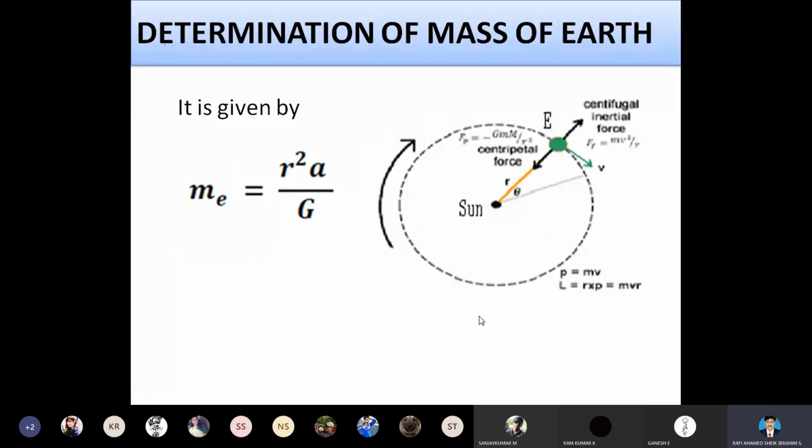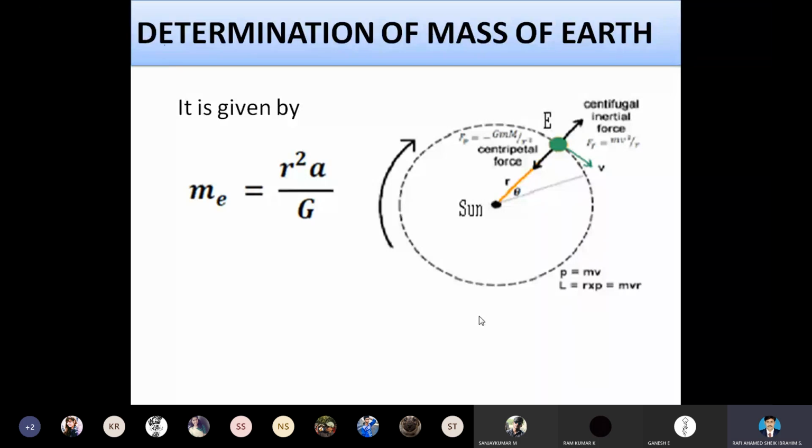And the second, we studied the determination of mass of Earth. This is studied with respect to Newton's universal gravitational law and Newton's second law.